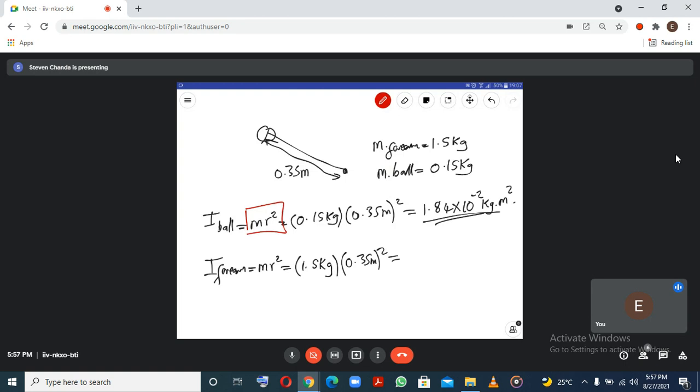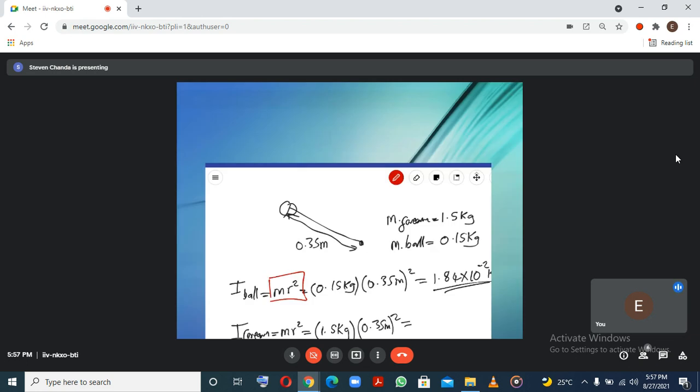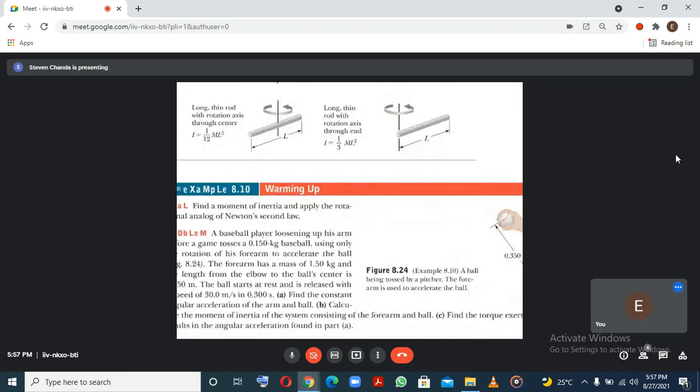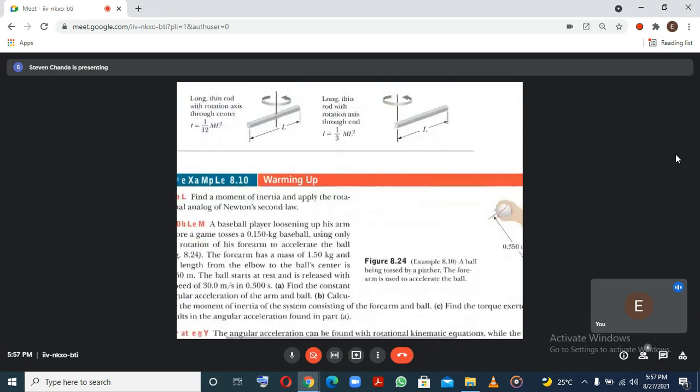But when it comes to the forearm, remember this diagram that I told you to know, not to memorize. So between these two things, the one on the left and the one on the right, which one is the formula for us?